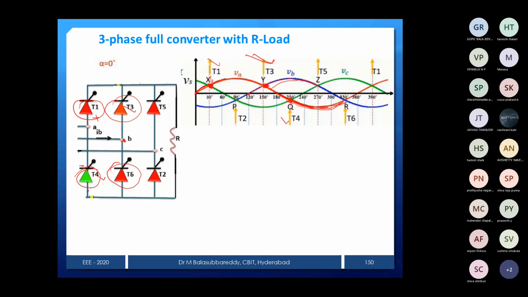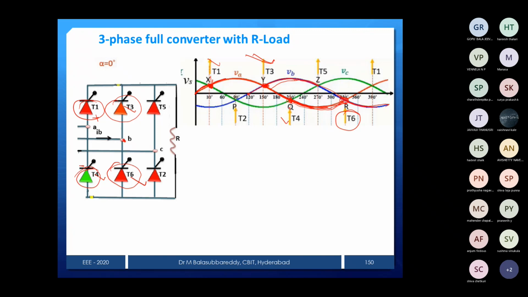And from this point onwards it is getting down, and then here onwards it is more negative. Then this portion we can represent as T6, because the more negative portion will connect to T6. That's why it is a reference point for T6.